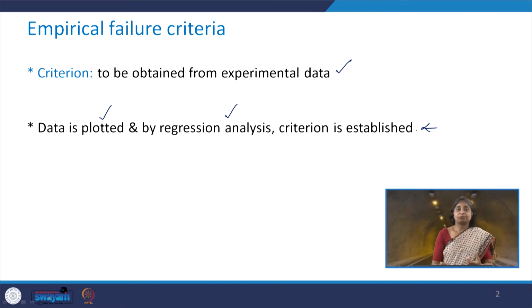Let us say that one particular failure criterion uses sigma c, which is the UCS of the rock, and there can be some empirical factors or numerical values of those factors. If the unit of sigma c is to be used as megapascal, you should use megapascal and not kilopascal or any other unit. So, you need to be extremely careful when we deal with empirical criteria.